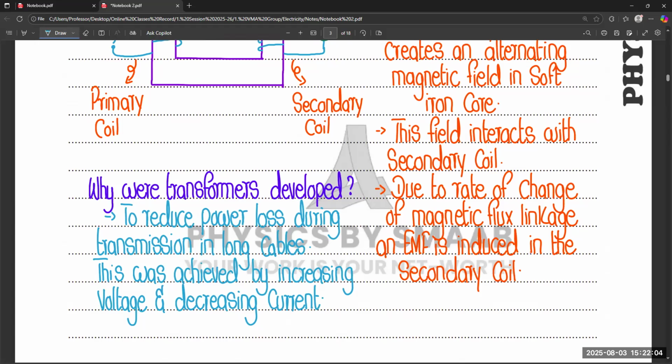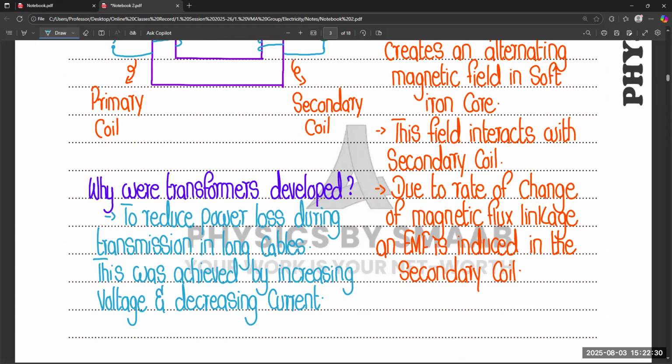Okay. Now, for the concept of increasing or decreasing voltage, we have two types of transformer. For example, if you want to increase the voltage in output, that can be achieved with the help of a step up transformer. So that is called a step up transformer.